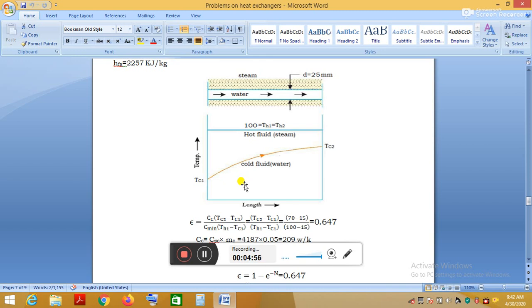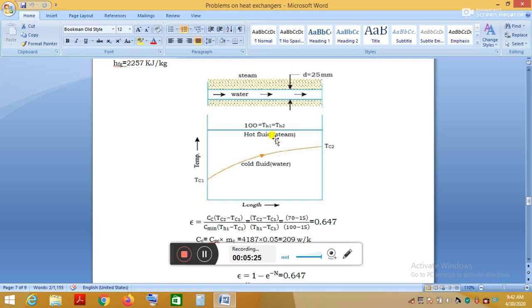Similarly, during condensation of the steam, all the heat which is removed from the steam, it undergoes a phase change without undergoing any change in temperature. That means whatever may be the heat added or whatever may be the heat released, there is no change in temperature.